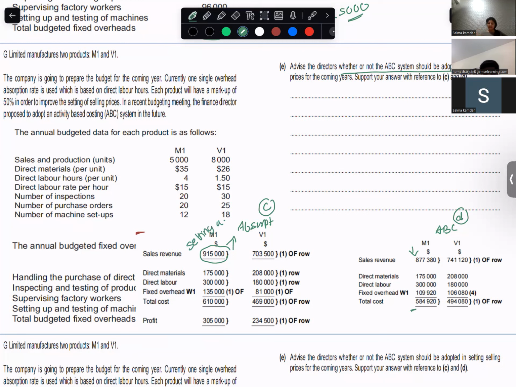As per activity based costing, V1 requires more hours and more work. So the costing is more, but we calculated the costing to be less, and since we took the cost less, we took the profit less and the selling price less, as per absorption costing.